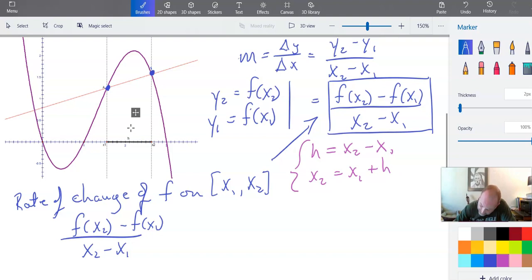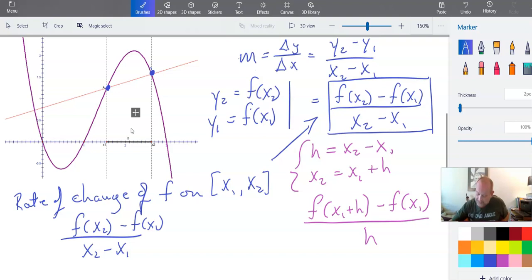So x2 is x1 plus h. So this is f of, now it's not x2 anymore, it's x1 plus h, minus f of x1, and this is all over h. Okay, so this is our other formula.